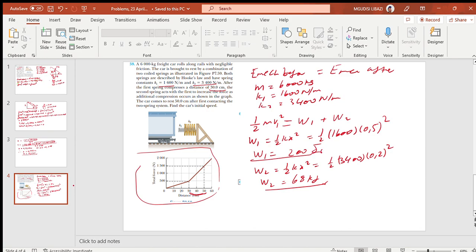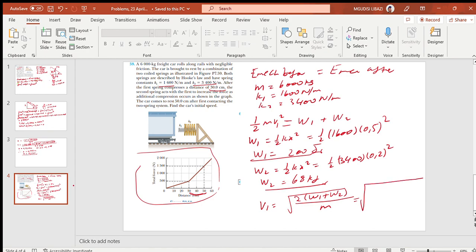So going back to our energy equation, making v the subject of the formula, we're going to get the square root of 2 times the work done by spring 1 plus the work done by spring 2, divided by m, and they are all under the square root.